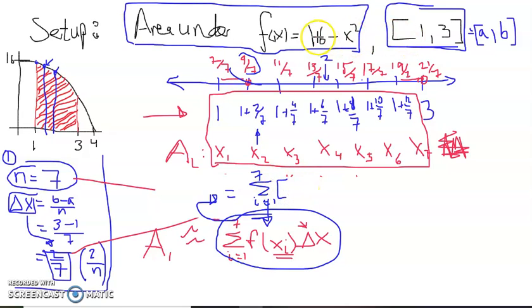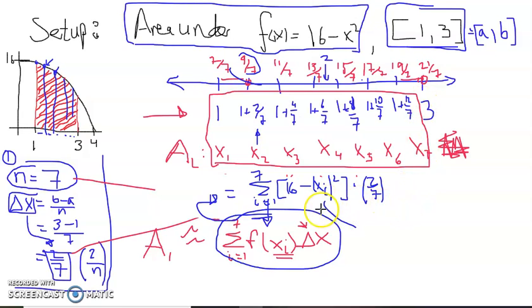Of f of x, which is up here, 16 minus x sub i squared times 2 sevenths. This is what we were actually taking the sum of. This times 2 sevenths. And then the next number, plug it into the function, times 2 sevenths. And then add the value of the next one, times 2 sevenths. That's what we're doing: the 2 sevenths are each one of these segments here, and the value of the function is the y value, the height.